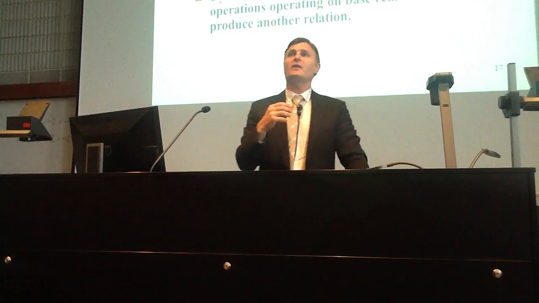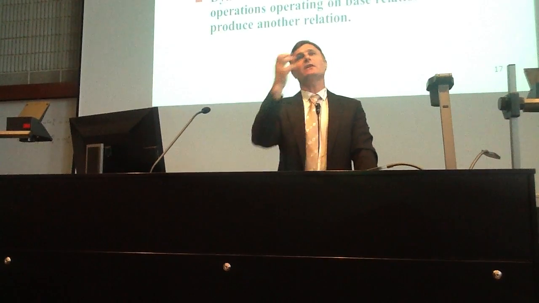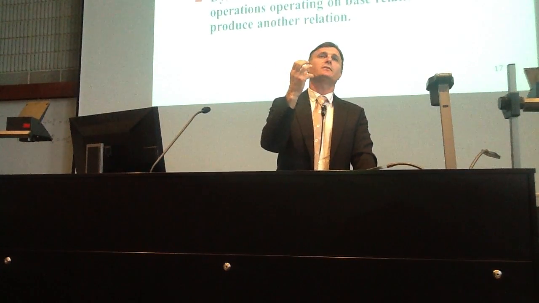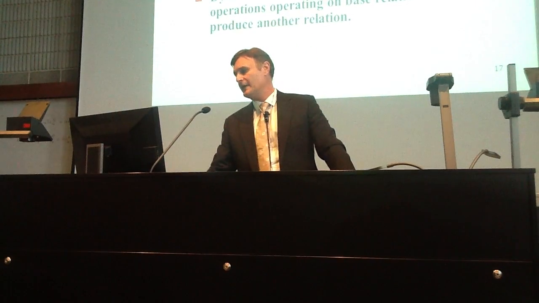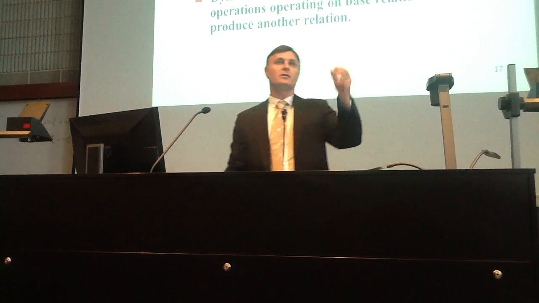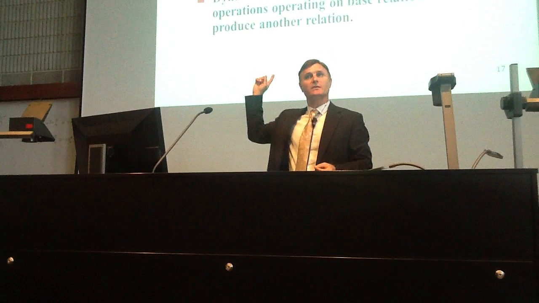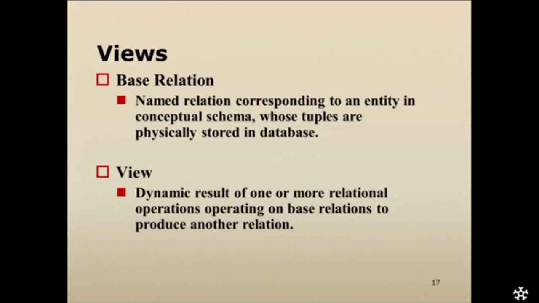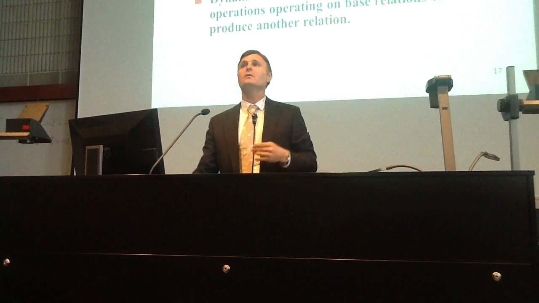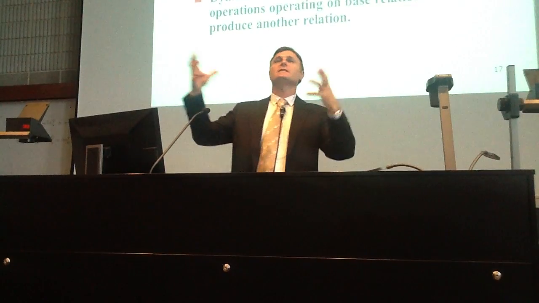So if your address is changed in the database, as soon as you log in again and look for your information, you will see the new address, and that's what it says: dynamic results of one or more relational operations. So the data that you get on your screen, on your interface to the database, which we call a view, comes from several tables.